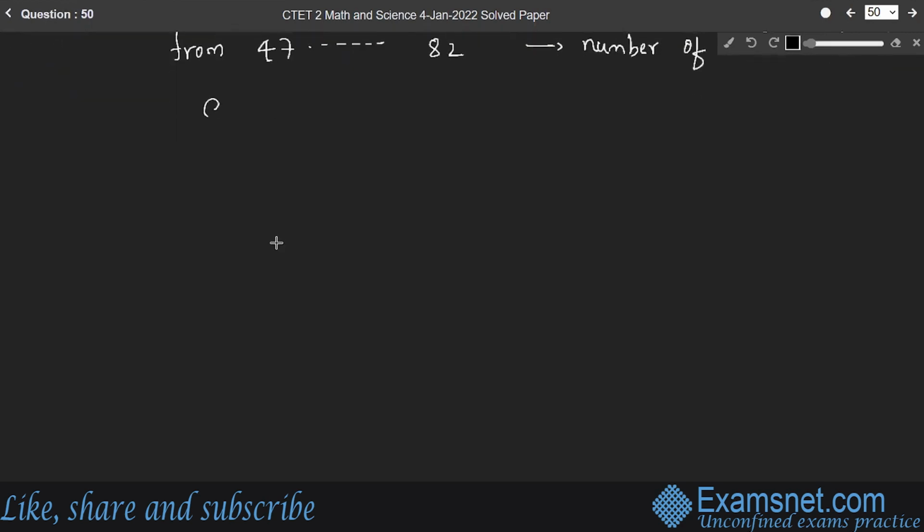So here an is equal to a plus n minus 1 into d. Here d is the difference in the series, that is 47, 48.